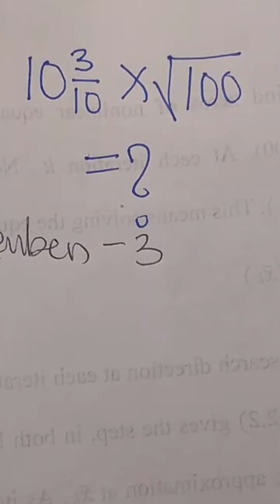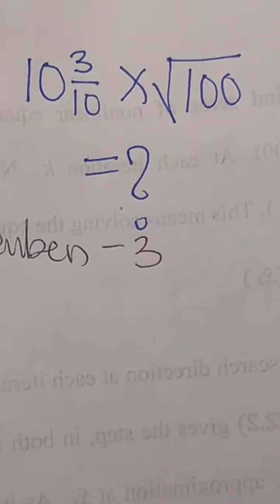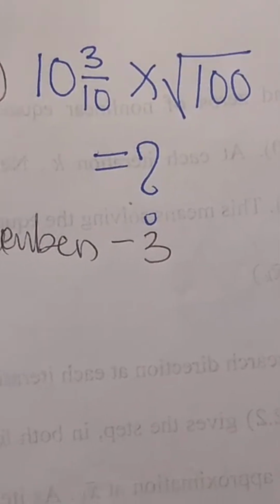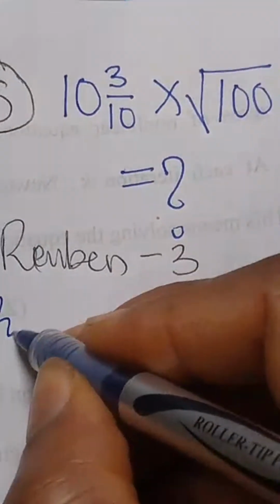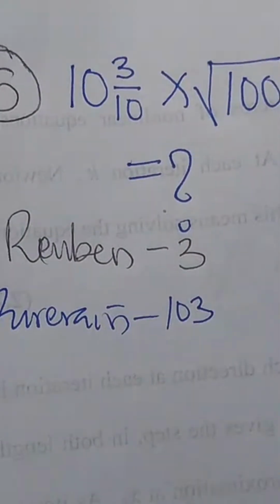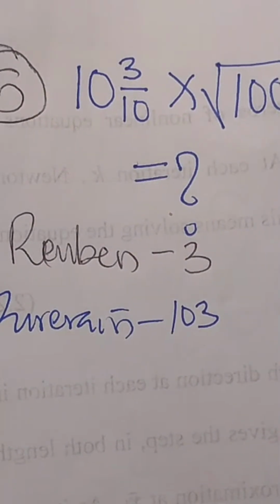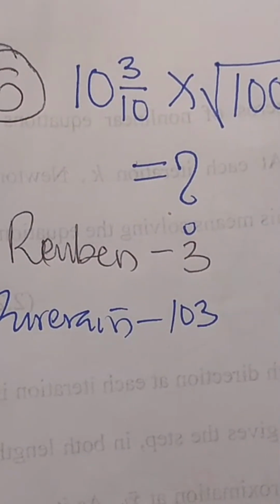Ruben 3. Let's see. So Pure Rain says 103. Please, more answers.